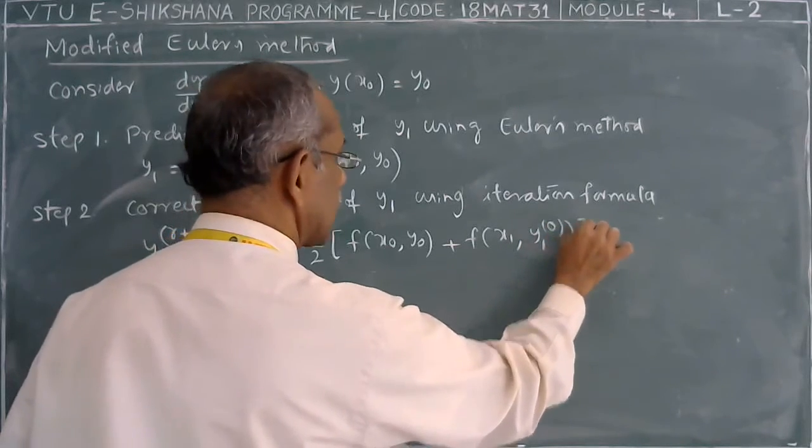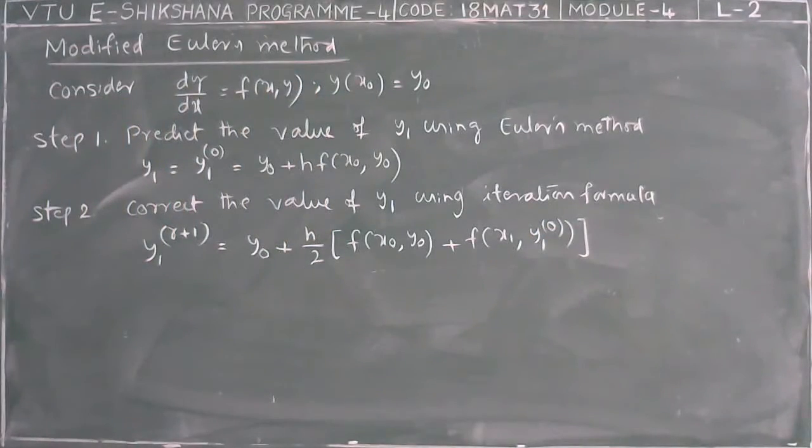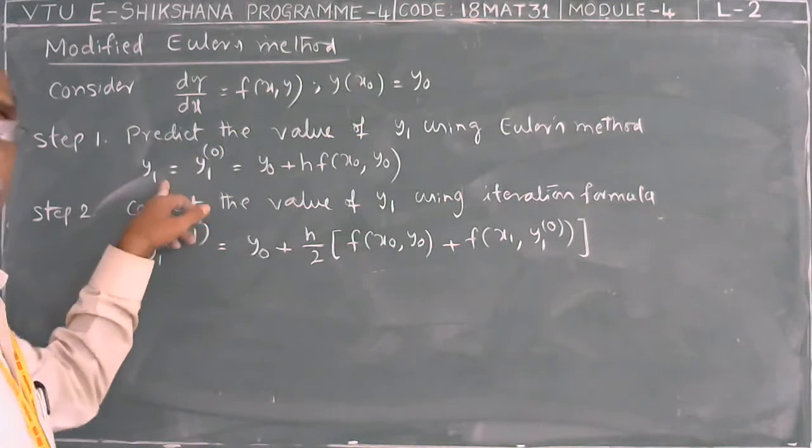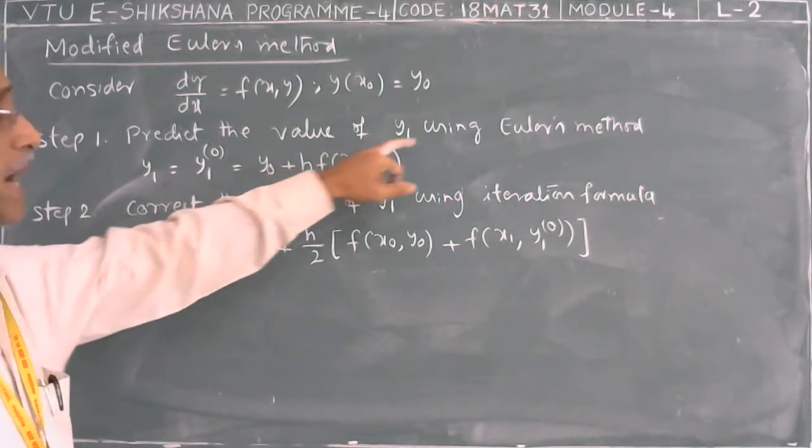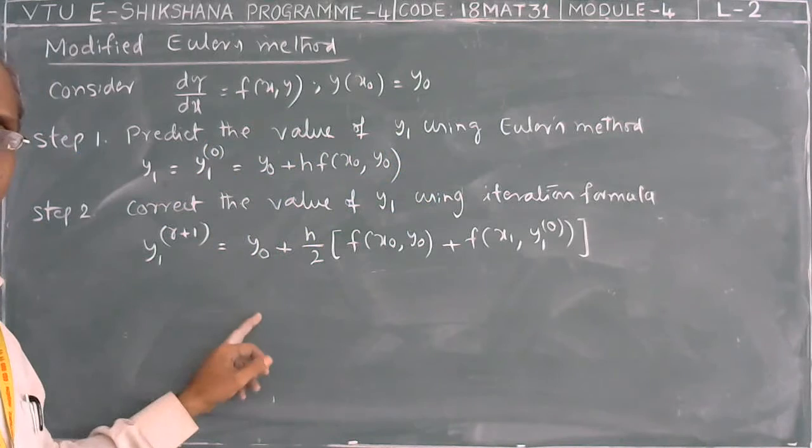Okay. In this method what we do, we first find the value of y1 using Euler's method, then we correct it by the iteration formula.